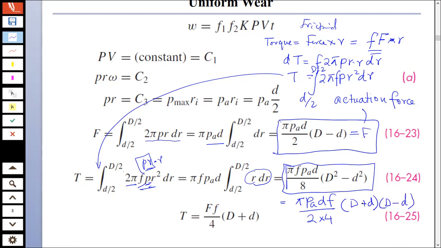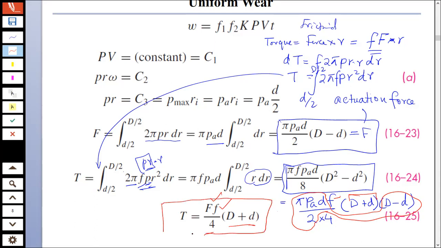So here if you look over here, including this D minus d, isn't this equal to F? So if I put F in place of all these, that will be F, then this F, and the D plus d term, so that is D plus d, and this 4. So this is the torque in terms of force. So what we have derived now are the formulas for the actuation force and the transmitted torque in case of uniform wear.